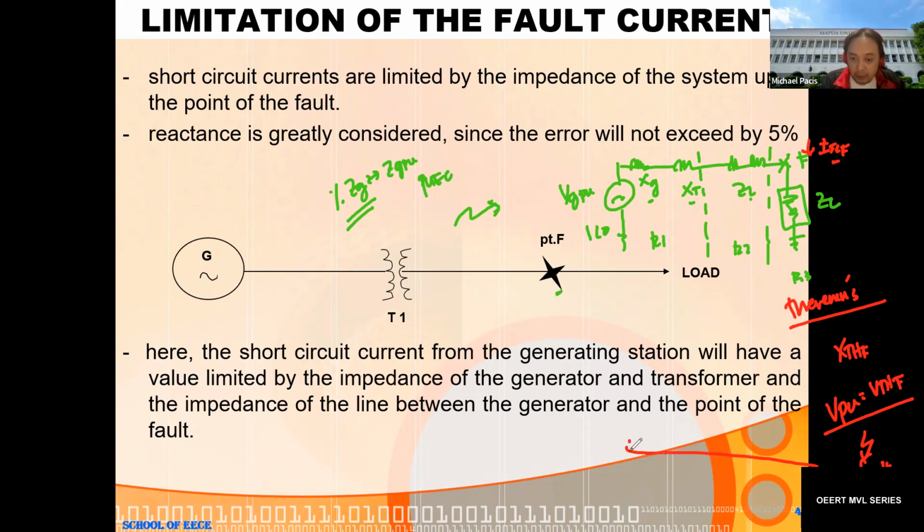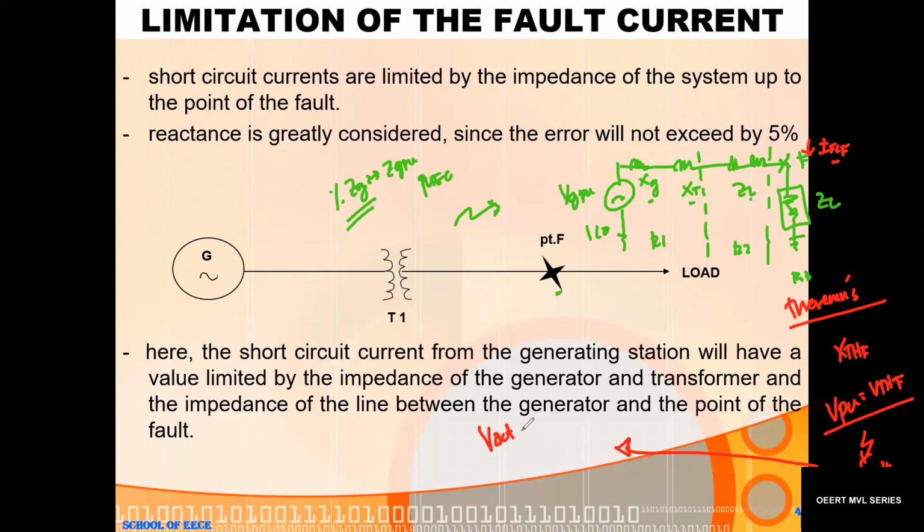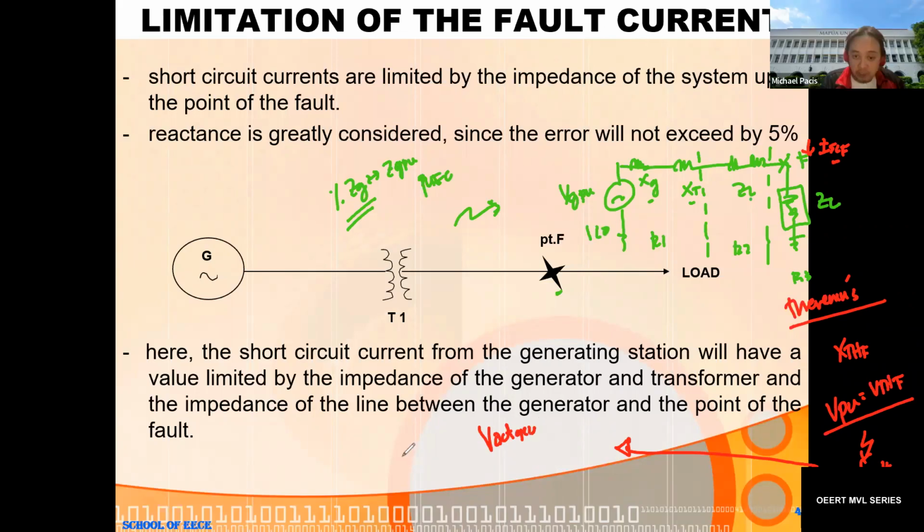Okay, without further ado, in order to get that pre-fault voltage, you need to have this formula. The formula is V actual on the generator, before the fault, divided by whatever the base voltage is. Please take note, that's why it is called pre-fault voltage: it is before the fault.